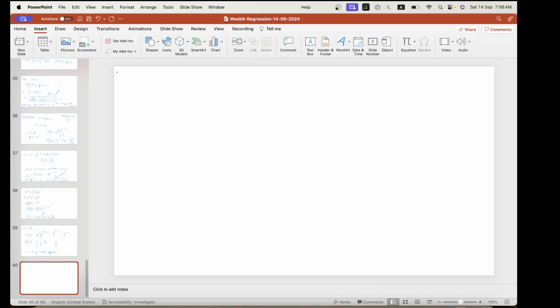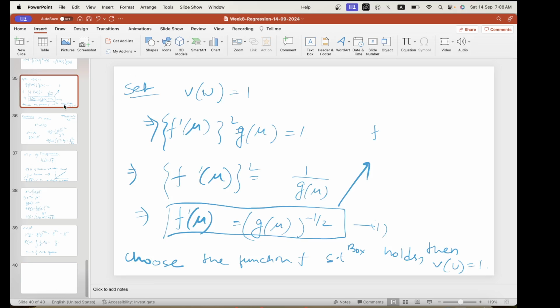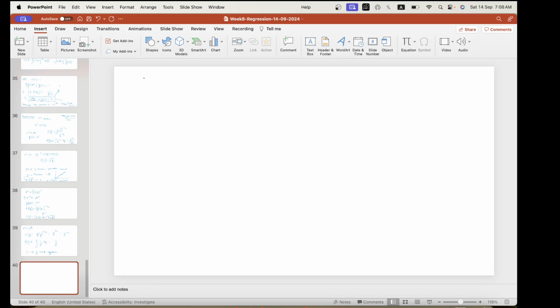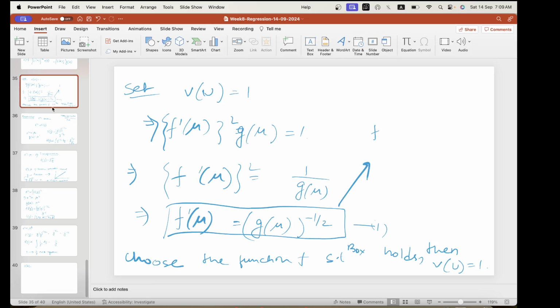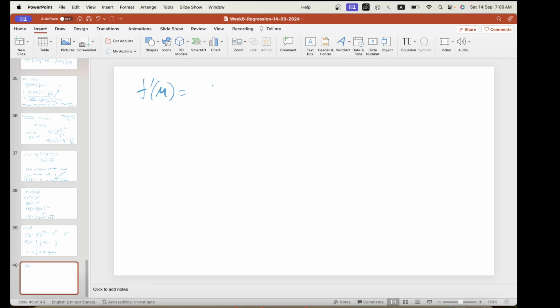So if we go back here, f prime mu equals g mu to the power minus half, then f mu would be the integration of g mu to the power minus half d mu.